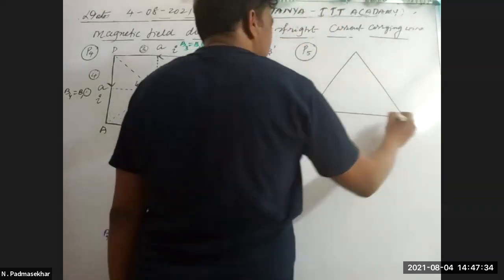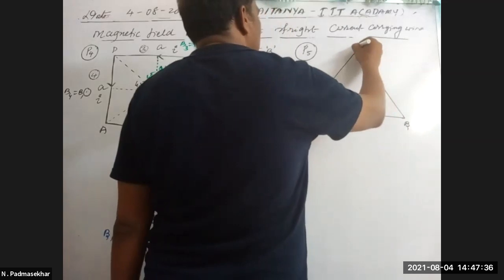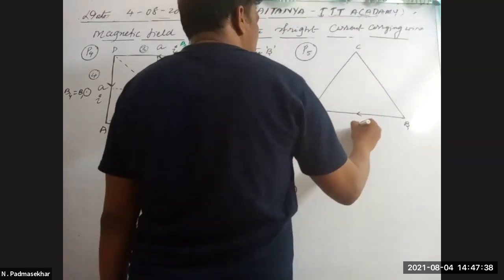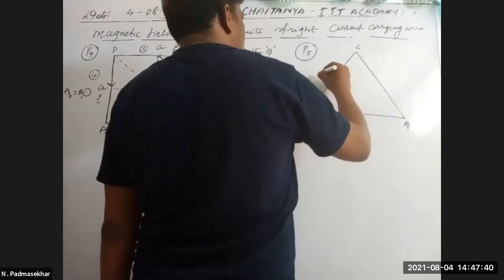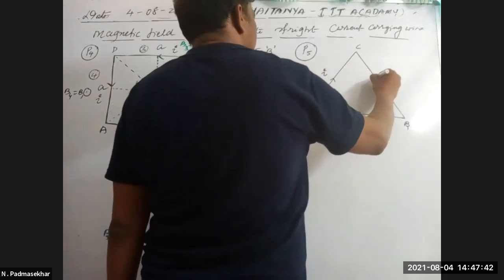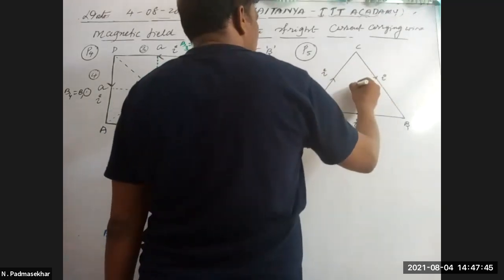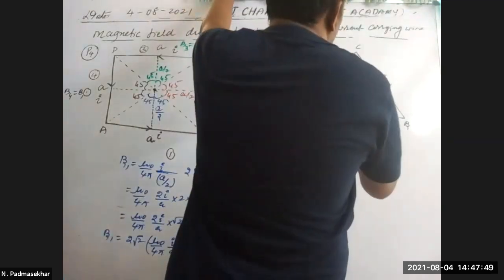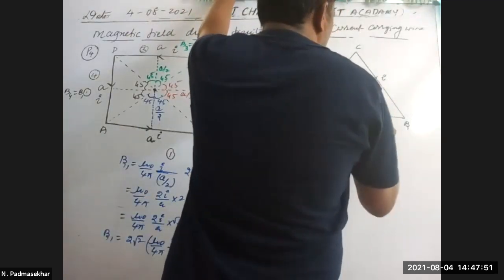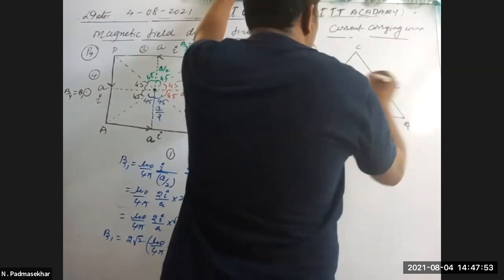This is A, B, C, this is the direction of the current I. So find the magnetic field at the centroid of the equilateral triangle.